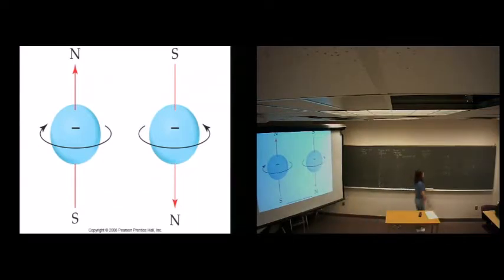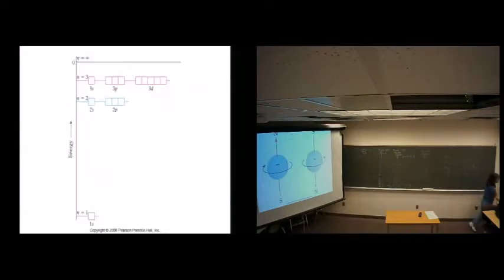We're just going to say +1/2 is spin in one direction, -1/2 is spin in the other direction. And we're going to indicate that with an arrow. We can say up arrow, talking about the north and south, or we can say a down arrow. So this is another way that we can represent the electrons, an up arrow or a down arrow.